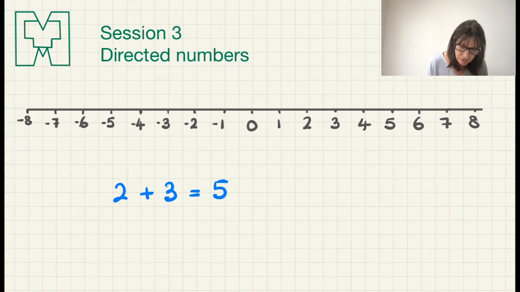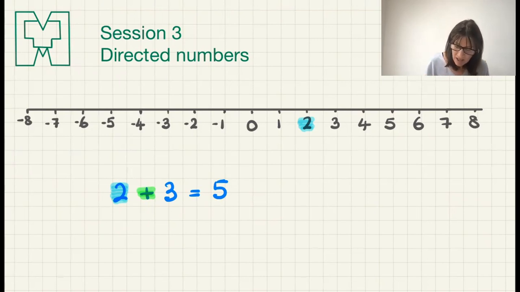But what I want to show you, and this is what's going on in the background, this number is your starting point on the number line. I'm at 2. This sign directs me. So the 3 is being directed by the sign.